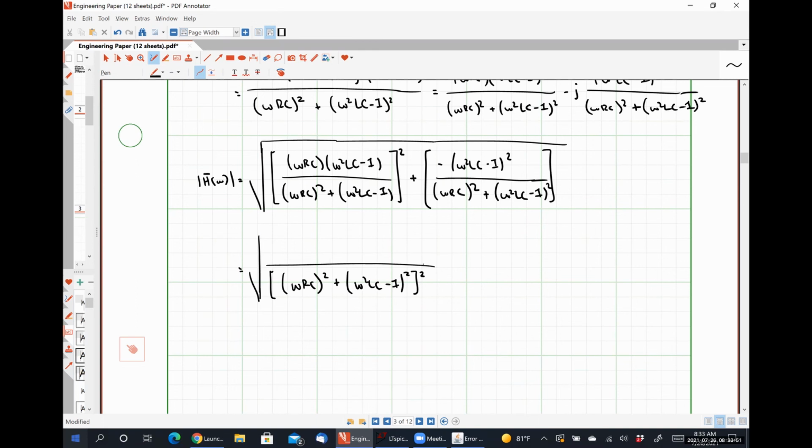In our numerator, we are going to have omega RC squared times omega squared LC minus 1 squared plus omega squared LC minus 1 squared.